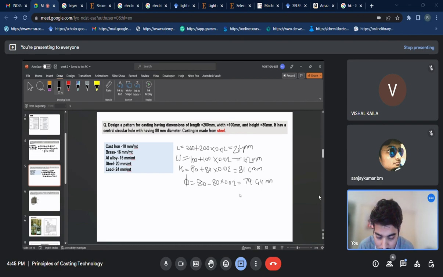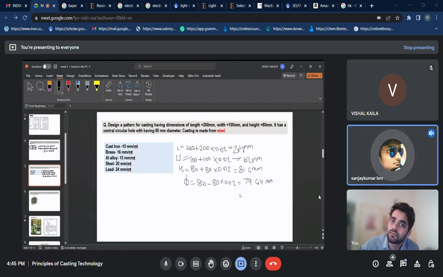It is completely on imagination, how it is happening, why it is happening. That's why I deliberately put this question here, because these 3 questions are similar, but the third one is a major one. If you are able to go through the third question thoroughly, these questions, which are not covered in your class examples, may come in your further exams. Just focus and try to imagine what will be happening in a circular hole, why it is negative.